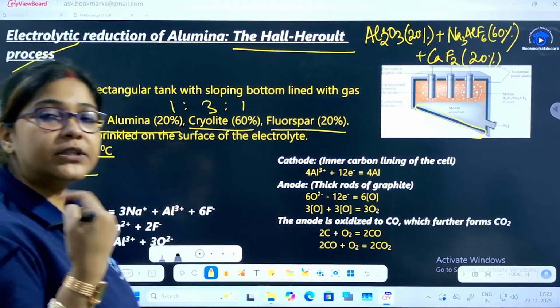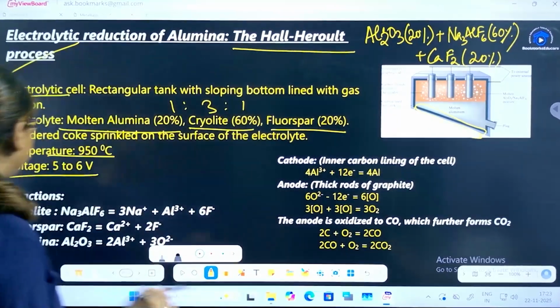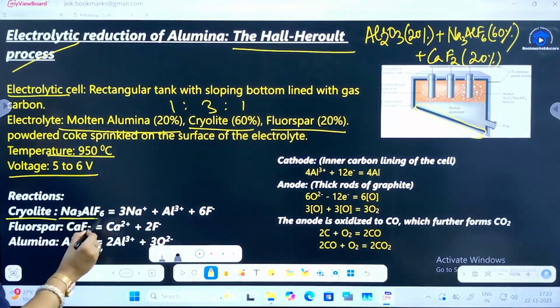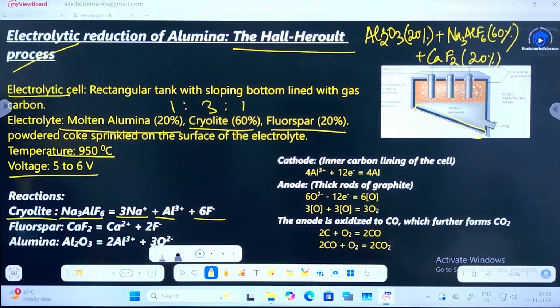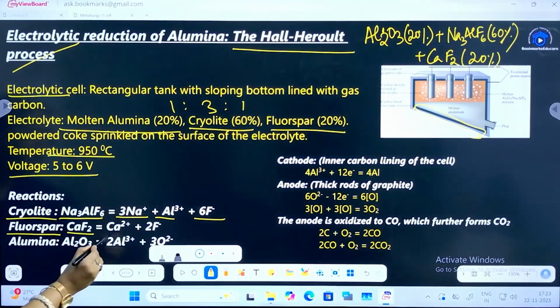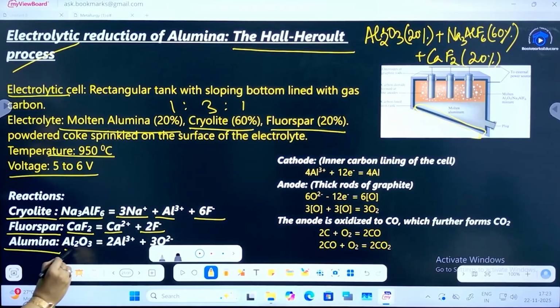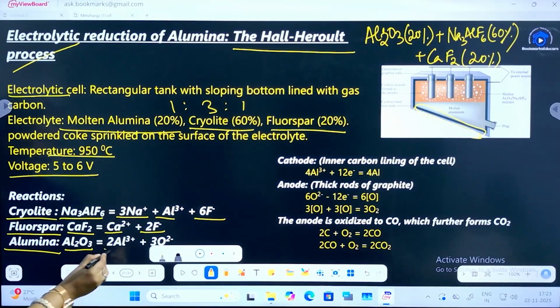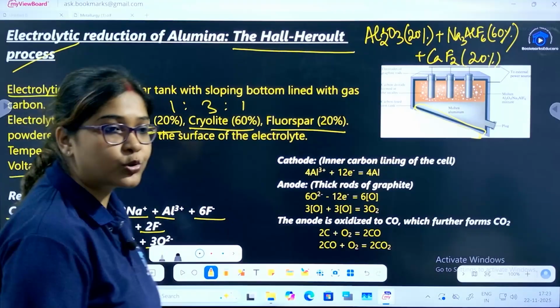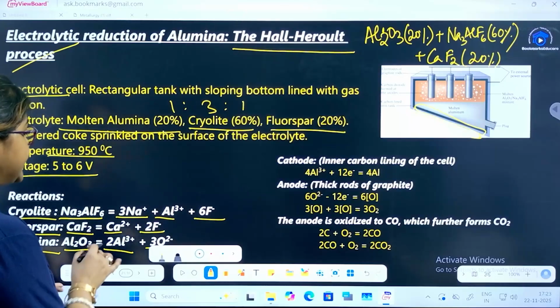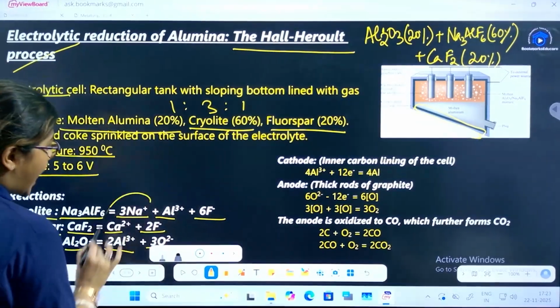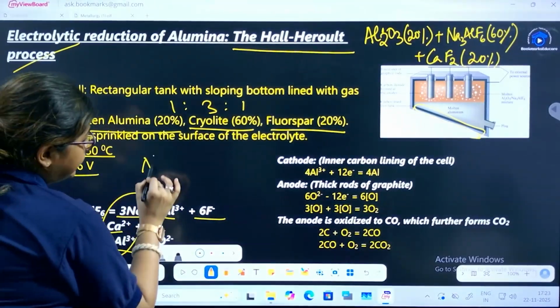So now what reactions will take place? Cryolite will decompose to give 3Na+, Al3+ and 6 fluoride ions. Fluorspar, which is calcium fluoride, will give Ca2+ and 2F-, and alumina, which is Al2O3, will give 2Al3+ and 3O2-. Right? So now what happens? How many cations are we getting?